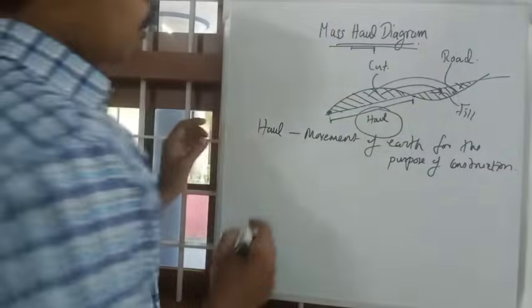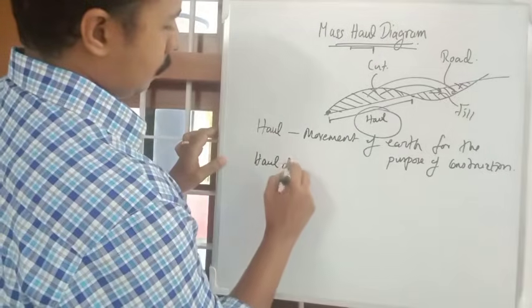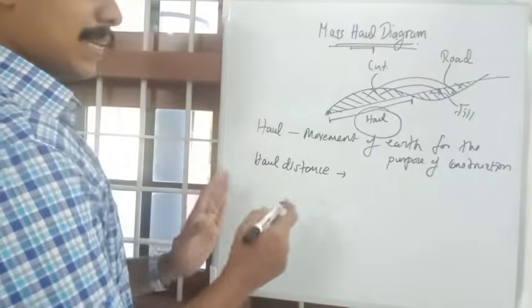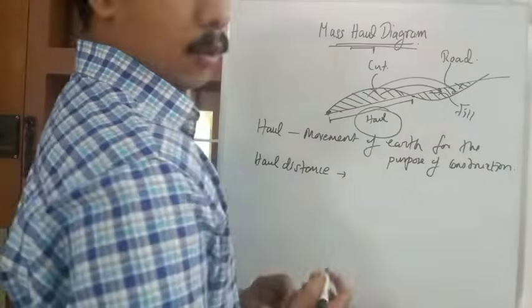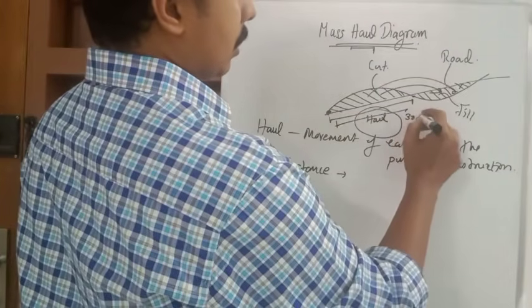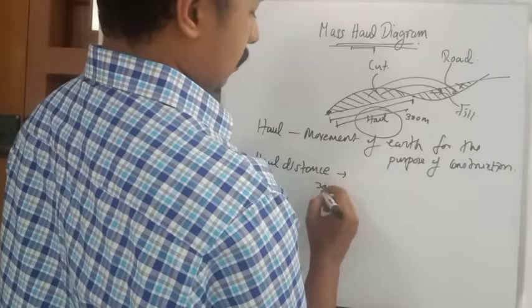So haul distance is the distance to which this earth is to be hauled. If suppose this distance is about 300 meters, haul distance will be 300 meters.